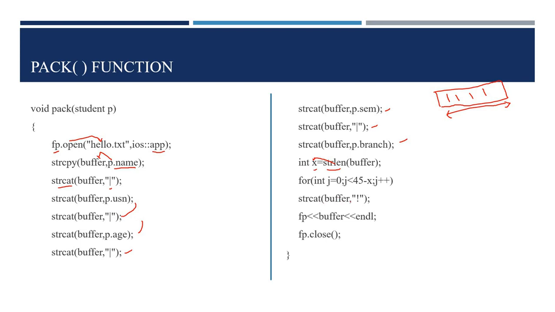Then the data will be appended with an exclamatory symbol at the end of the buffer. If the exclamatory mark is present in the record, it says this is the end of the record. This is important to differentiate between the different records.